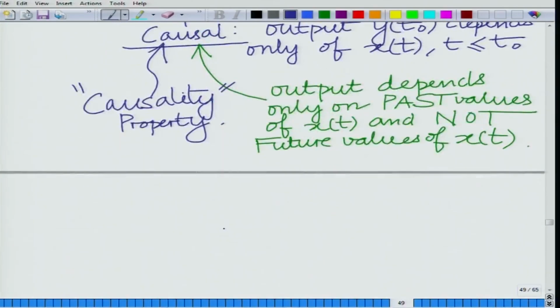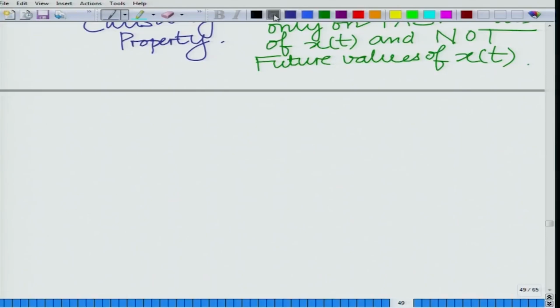Now, if a system is not causal, it means it is non-causal, obviously.